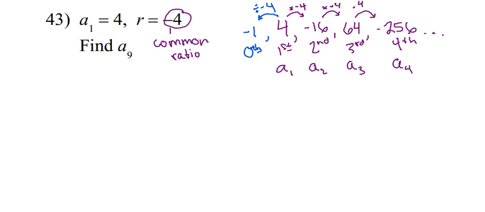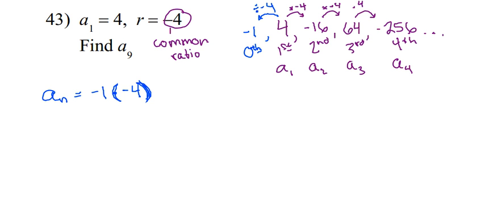So let's write a formula. Any term is equal to, so let's say we started with -1, we multiply by the common ratio, -4. I'm actually going to put it in parentheses. How many times do we have to multiply by -4 to get to the first term? Just once.